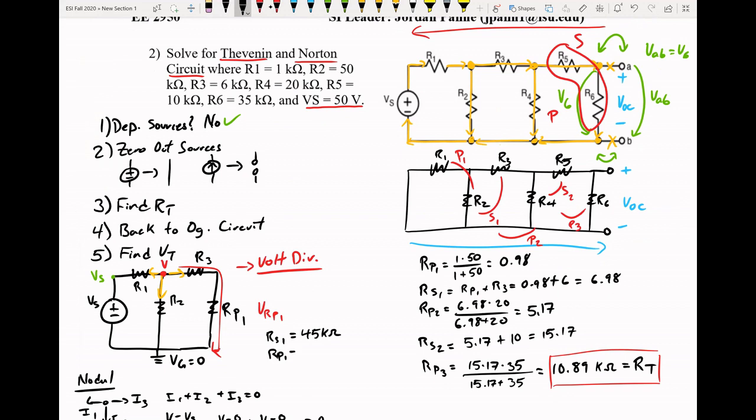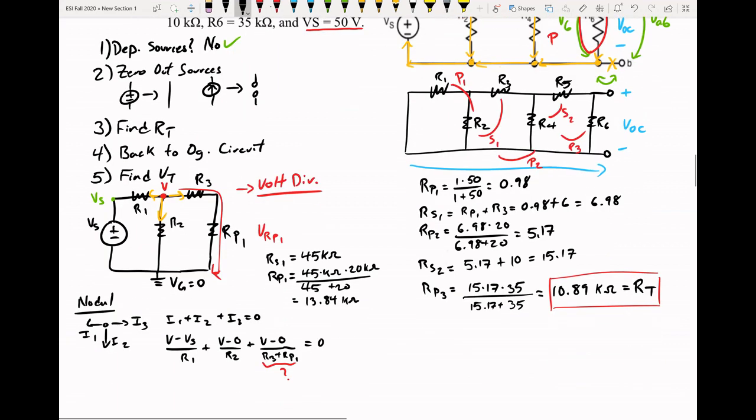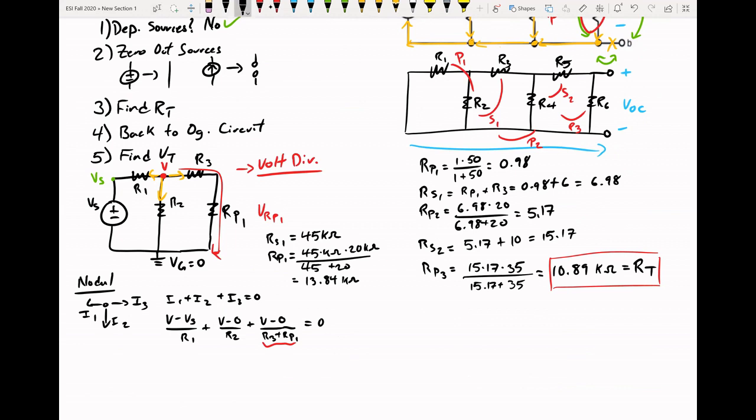Then R parallel 1 would be 45 kilo ohms times R4, which is 20 kilo ohms, over 45 plus 20. It's 45 times 20 over 45 plus 20, 900 divided by 65. That should give you 13.84 kilo ohms for R parallel 1. So now we know what that value is.